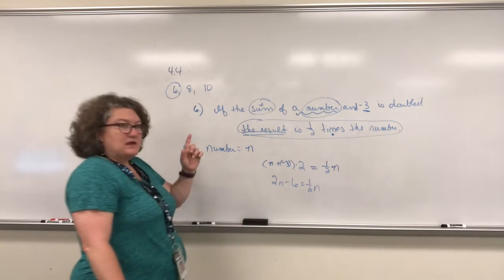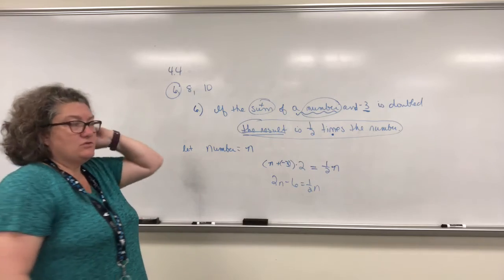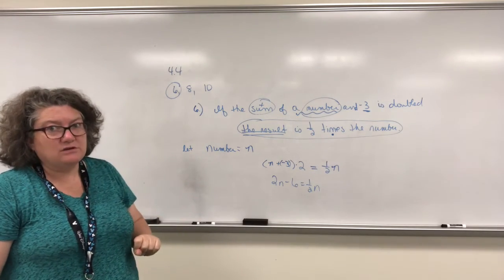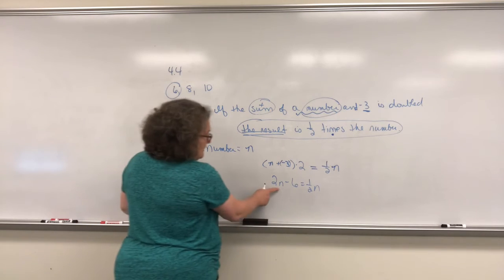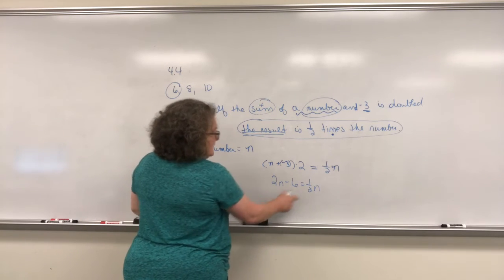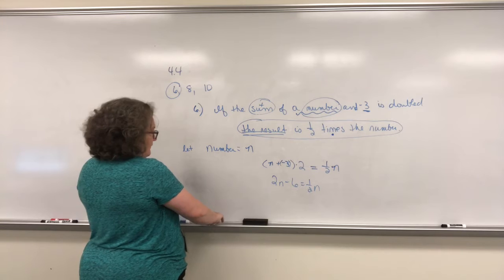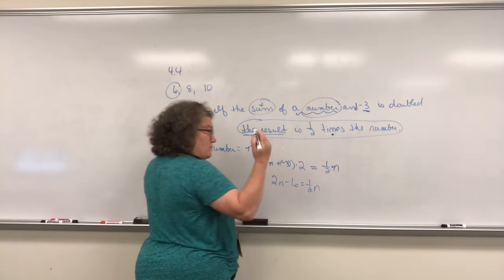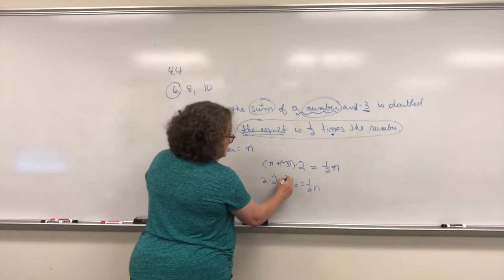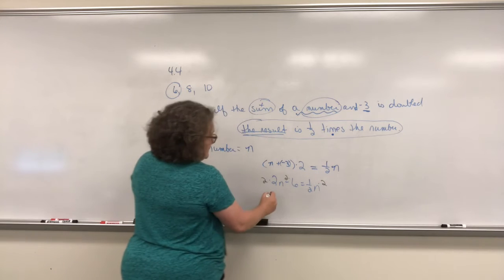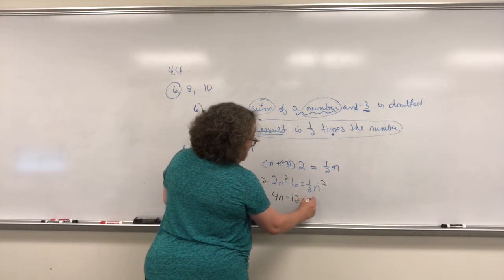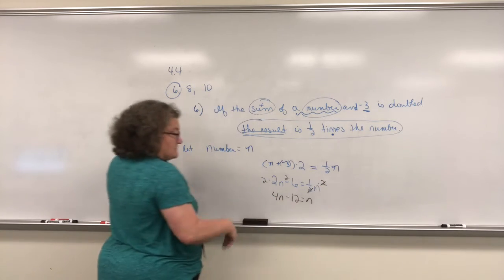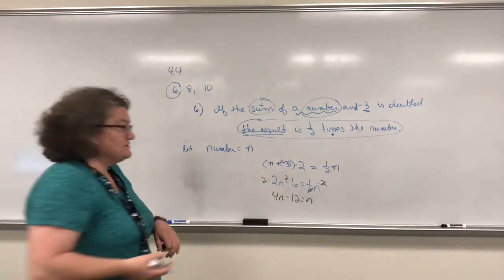We learned in section 4.3 that we can get rid of that fraction by multiplying every term by 2, because the least common denominator would be 2. I want to reiterate that. So this would be 4n minus 12 equals n. The 2 and 2 cancel, so now it's a nice simple equation.